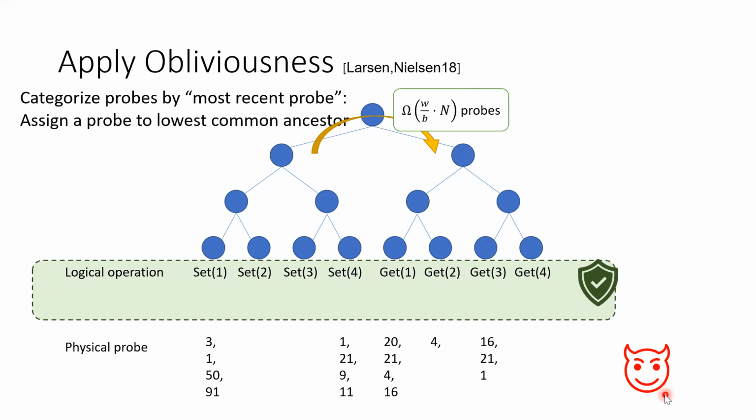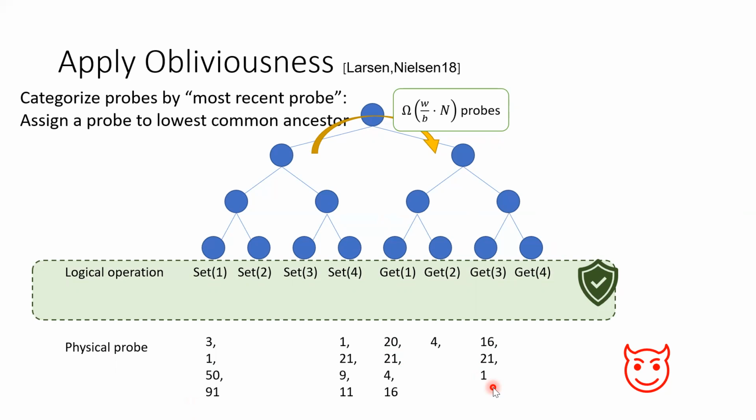So an adversary who knows only the physical probes can construct this imaginary complete binary tree. It can just look at the physical probes, construct a complete binary tree on these physical probes, and perform the same assignment we did in the previous slide.